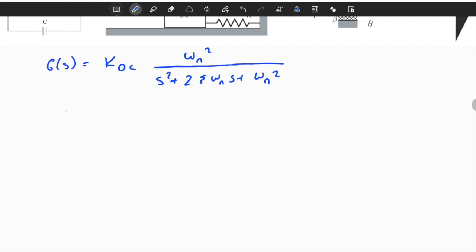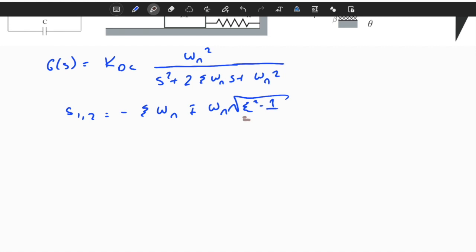Under the standard form, the poles can be written as S1,2 is equal to minus psi omega n plus minus omega n square root of psi square minus 1. So these are the roots or poles of the system. Depending on the value of psi, we can have different structural responses, different kinds of behaviors based on these pole locations.